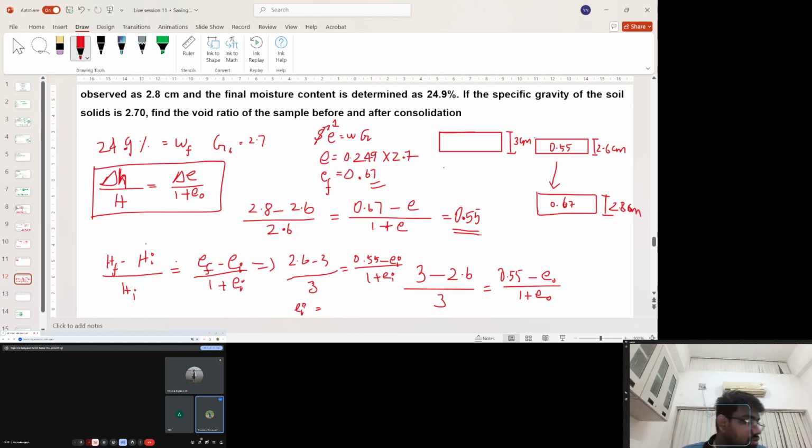This is the mistake we are doing. 2.6 minus 3 divided by 3.